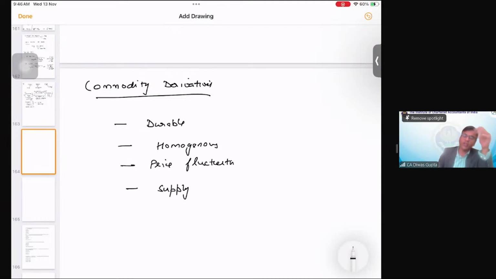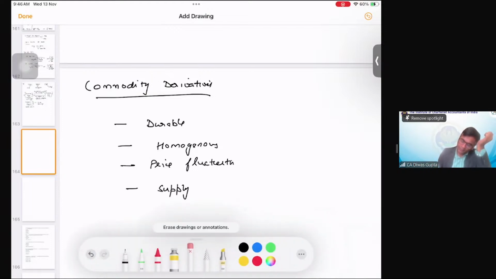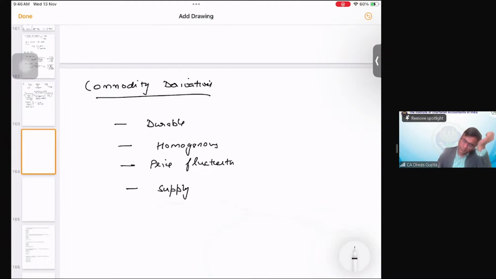It's not that it's a one-off thing, it happened and then there is no supply later on. So supply should be consistent.